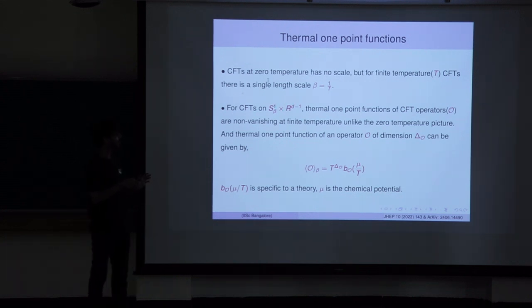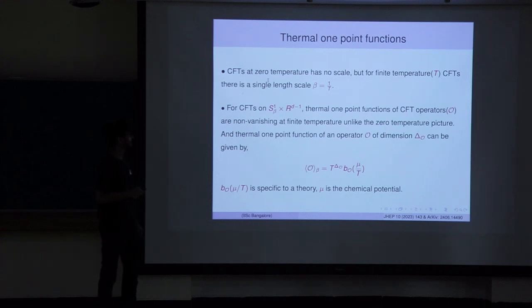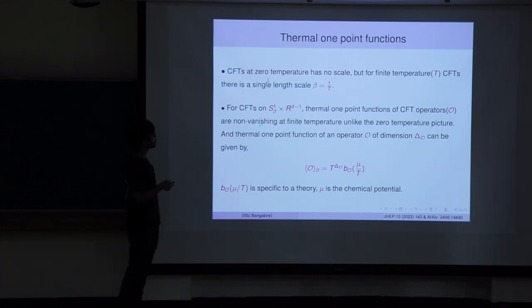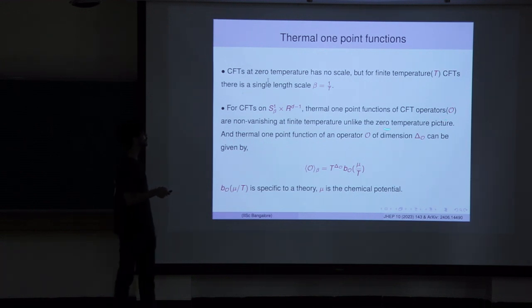S1 is the thermal circle of circumference equal to the inverse temperature beta. Because of this thermal circle, the time translation invariance of the theory is broken, and thus the thermal one-point functions of the CFT operators are non-vanishing at finite temperature, while at zero temperature these one-point functions vanish because of the time translation invariance.